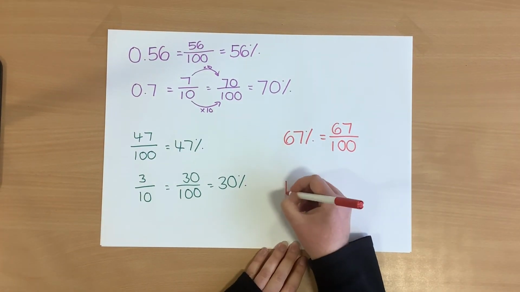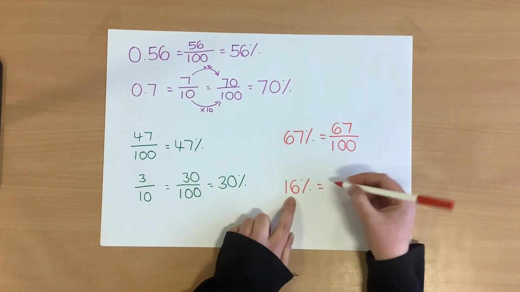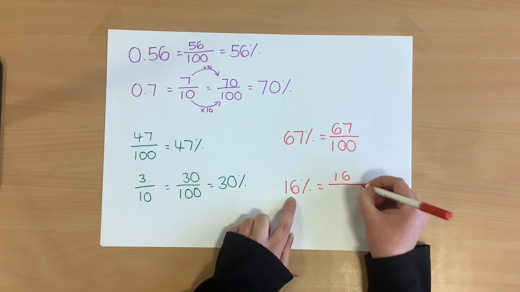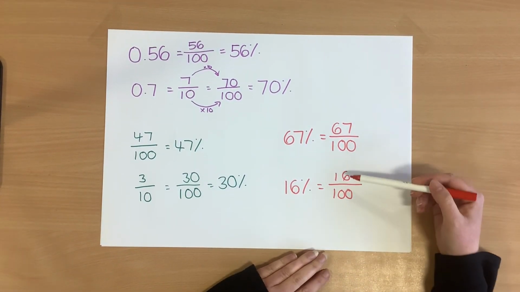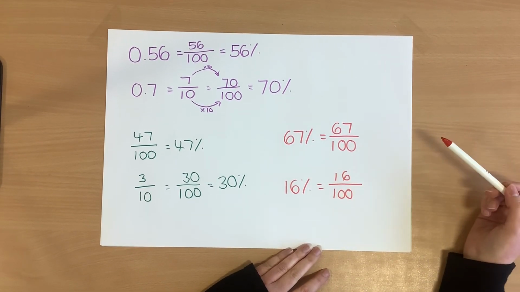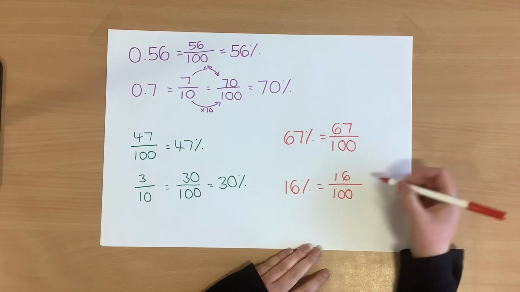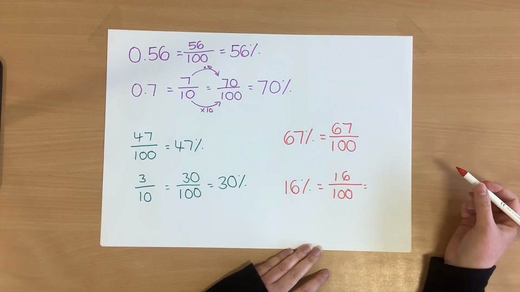If I had the percentage 16%, once again, I think, right, I've got 16 out of 100. But this time I notice I can simplify that fraction, because I know that I can half or divide by 2 both 16 and 100.